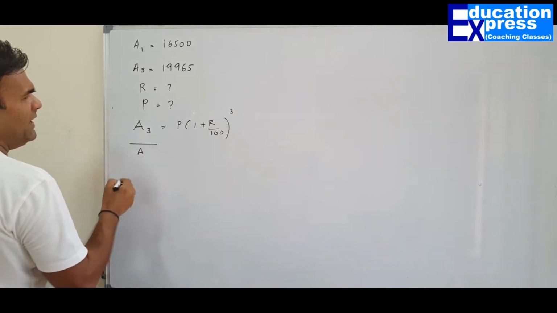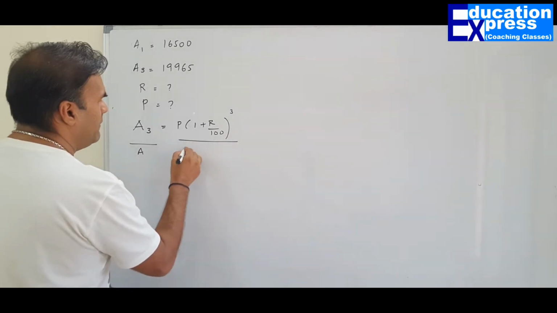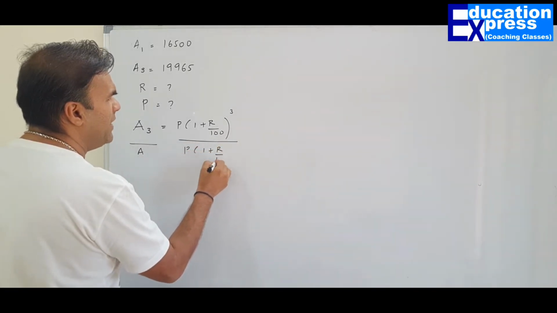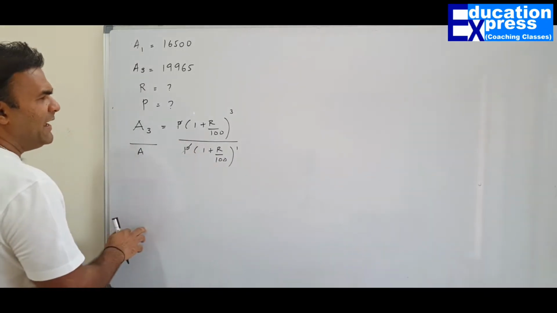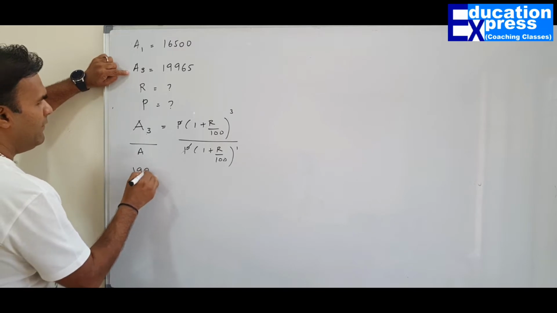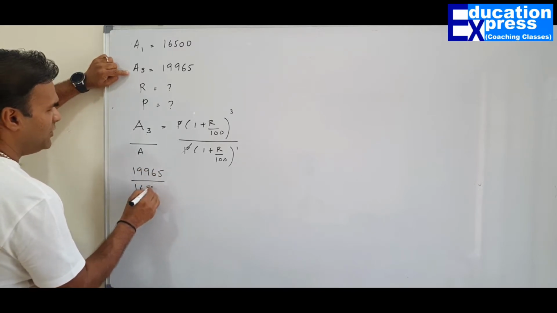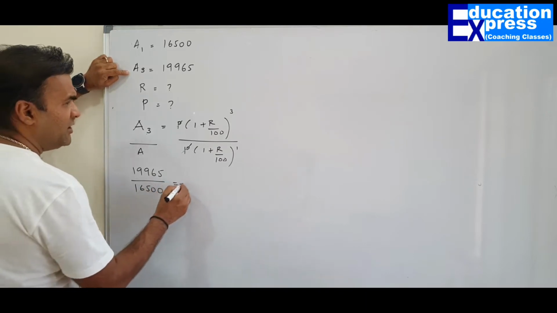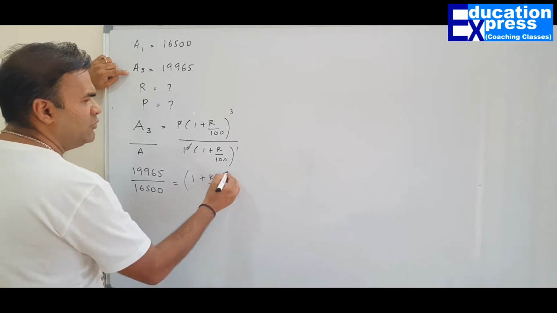What about A at the end of 1 year? It's going to be P(1 + R/100)^1. P will get cancelled. A3 value can be substituted: 19,965 upon 16,500 is equal to (1 + R/100)^2.